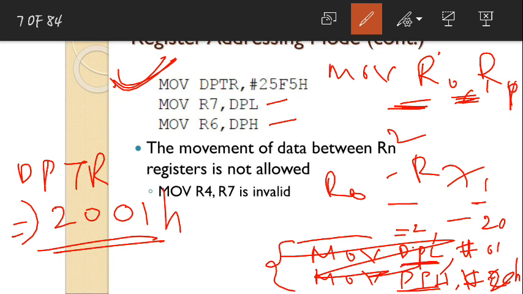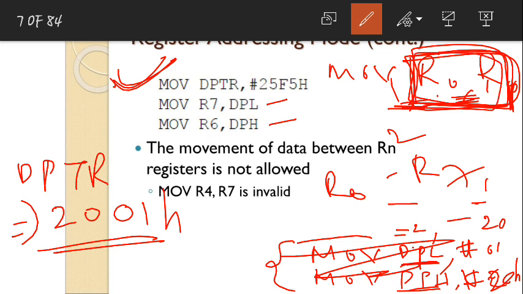If you take R0 and R1, you can't write same RN registers. You can't move from R0 to R1 or R1 to R0 or R2 to R0. Two RN registers can't be used in a same instruction for movement or for any other operation. Okay, so always remember, two same bank registers can't be used.